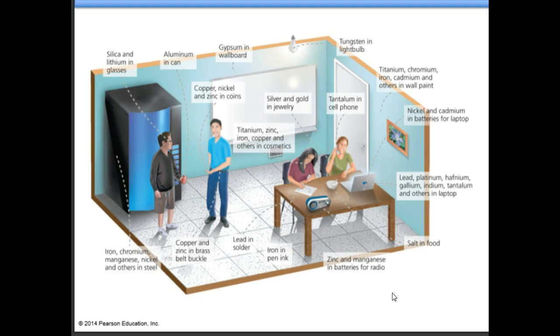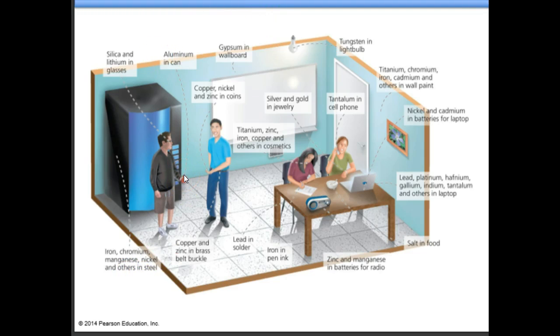When we take a look at this graphic, we can see all the elements that are made from minerals that we mine everywhere in the products that we use in our everyday lives. If we're looking at the glasses that we wear, there's silica and lithium in the glasses. In our vending machines, they're using iron and manganese and nickel and other things in the steel.